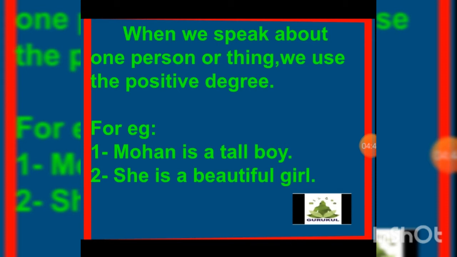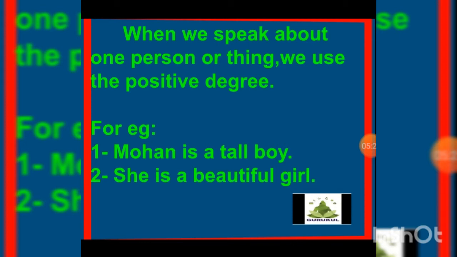Okay, now, children, the positive degree is the simplest form of the adjective, and it describes a quality without any comparison. That is called the positive degree. Now here you can see the quality tall is the positive degree of comparison, or we can say the adjective in the positive degree. Now here the words tall and beautiful, both these words, children, are in the positive degree.